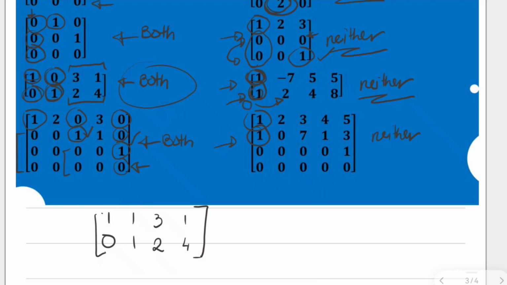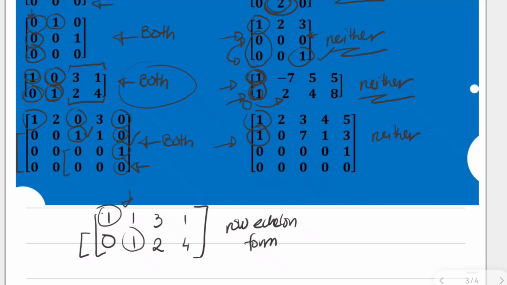This has leading 1s here. Check. The entry below the leading 1 is 0. Check. This is an example of a row echelon form, since the item on the same column where the leading 1 is located has a non-zero entry of 1. So this makes it row echelon form. But earlier the example was 0, that's why they were both.